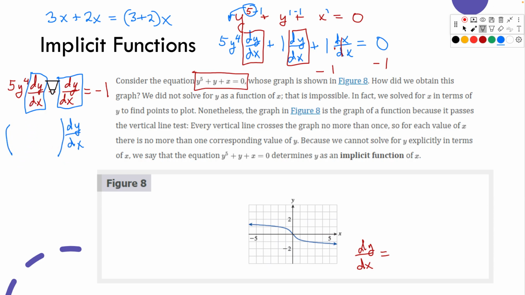What's left in here, well, the dy dx goes to the back, so we've got 5y to the 4th, and then we've got plus, this is what you might forget, there was a 1 here, there's always a 1, so when this gets factored out, there's a 1 left behind.